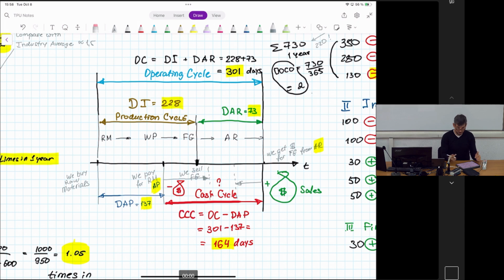Also, if your production cycle goes shorter, it means that your whole operating cycle goes shorter. The DI, days in inventory, if we can make it shorter, look, the less inventory we have, the less raw materials we have, the less finished goods we have.